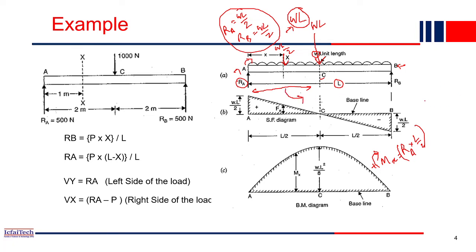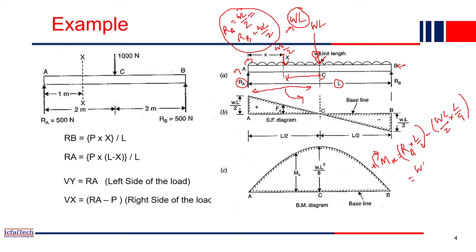So the moment Mx will be minus, since anti-clockwise means minus, and the force is WL by 2. The distance is simply L by 4, so it is multiplied by L by 4. What is the value of RA? RA we already computed as WL by 2.